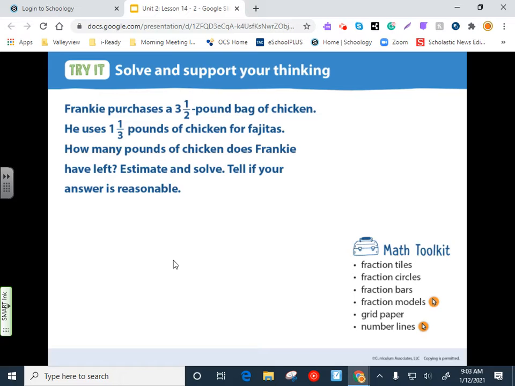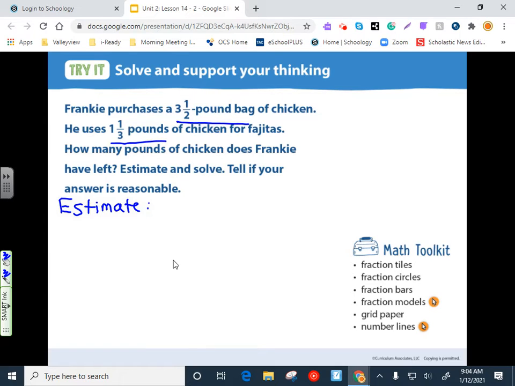So I'm going to do the estimating first. The point of estimating is to do it before you do the actual math, because you kind of want to have a general idea if your answer is close to what it should be. So let's take, we've got a 3 1/2 pound bag of chicken, and he uses 1 1/3.